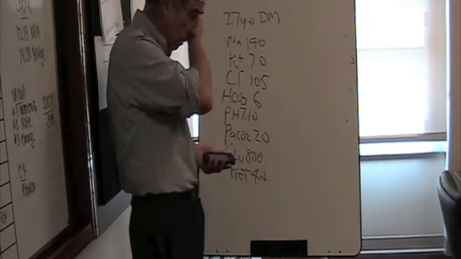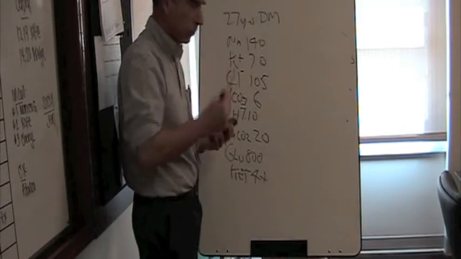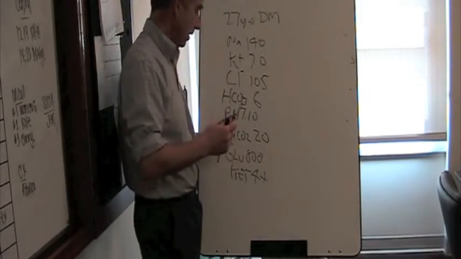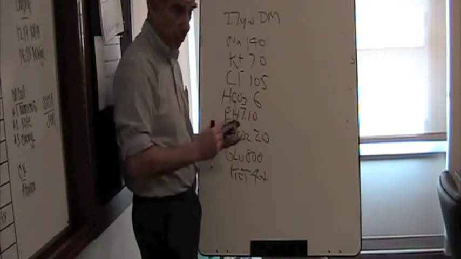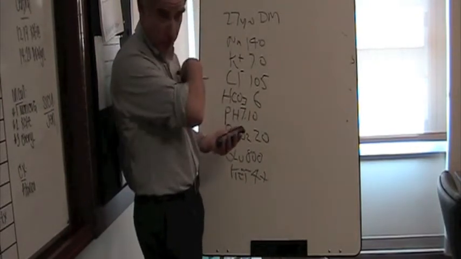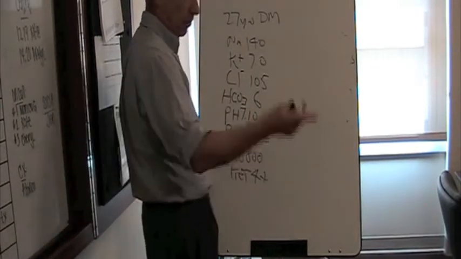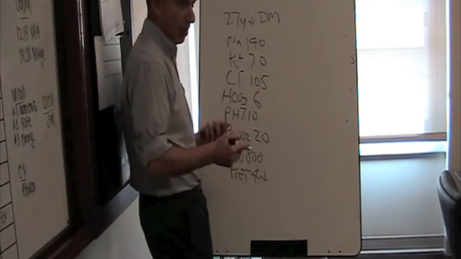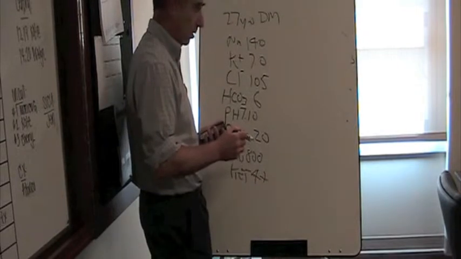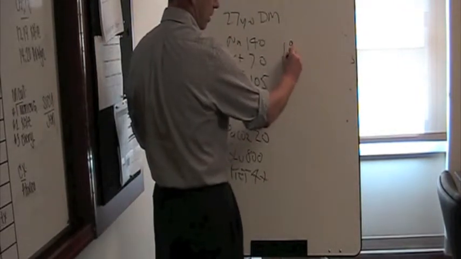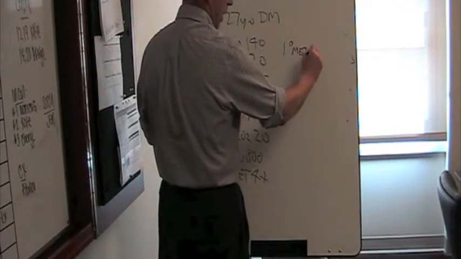All right, so the first thing you want to figure out is what's the acid-base disturbance, okay? So we're going to go back to where we started, and which one of you guys wants to figure that out? What's the acid-base disturbance? Okay, so you have a primary metabolic acidosis.